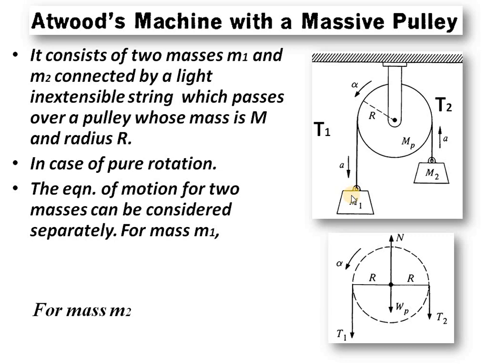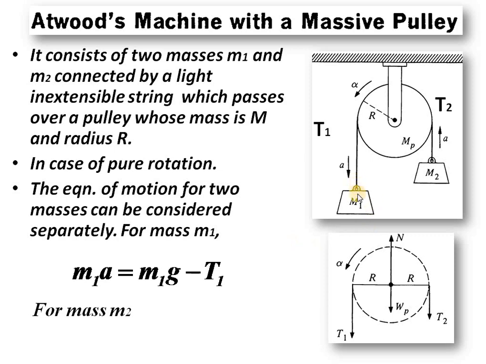So net force, that is M1A, can be written as M1G minus T1. You may be surprised what it is. I will explain. M1 into A is the acceleration of the body downwards. Okay. Net acceleration. What is M1G?